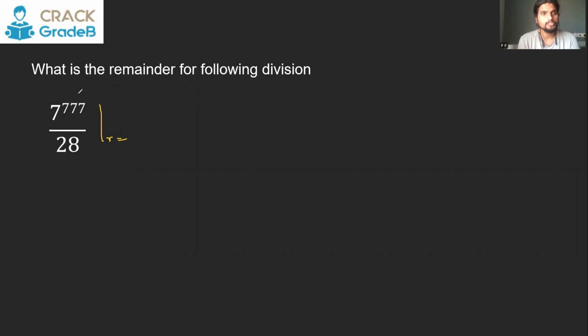Of course it's a huge number, so I can't go for that number directly. I'll say 7 raised to power 1 by 20. What is the remainder? Naturally, if the numerator is already lesser than the denominator or divisor, the remainder is going to be 7 itself. The dividend itself is going to be the remainder.